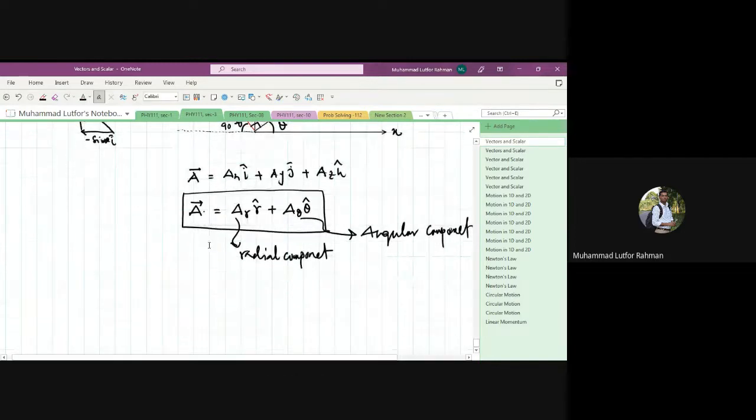All right. Now I'm going to ask you a question. Suppose you have a vector in your Cartesian coordinate system. If you transfer that vector from Cartesian coordinates to the polar coordinate system, will the vector look the same?